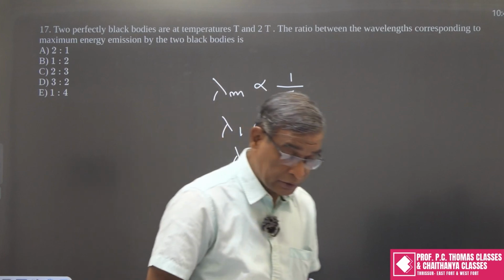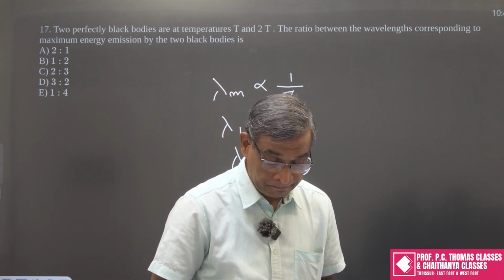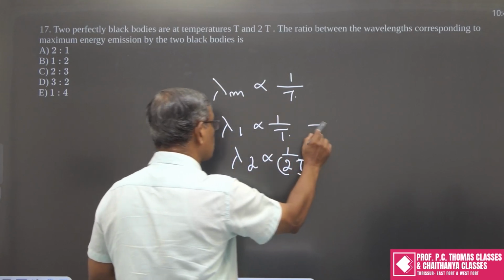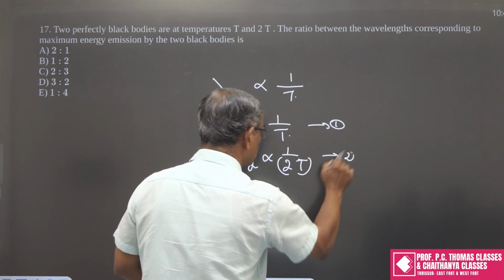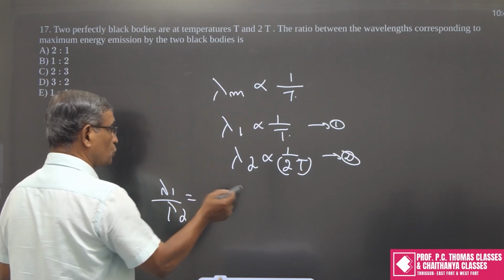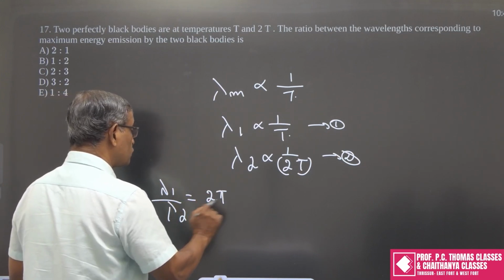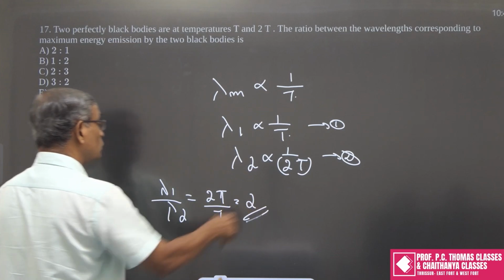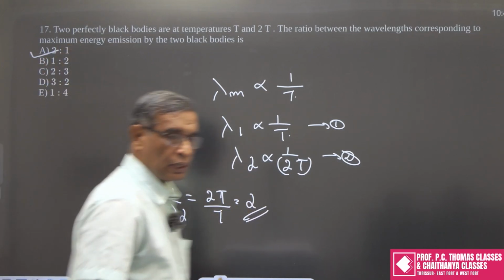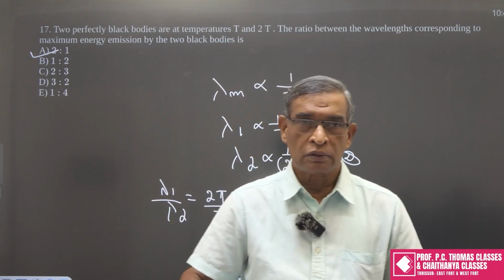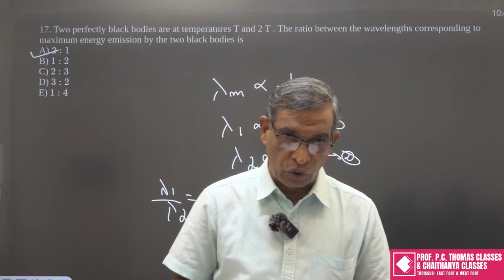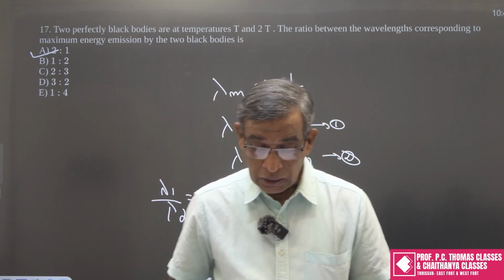Then the question is the ratio between the wavelengths, lambda 1 by lambda 2, which gives you 2T by T, that is 2:1. So the option is clear. Here we applied the Wien displacement law, where lambda is proportional to 1 by T. Next question.